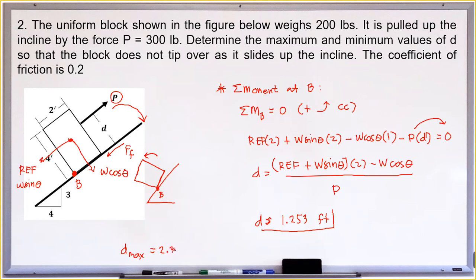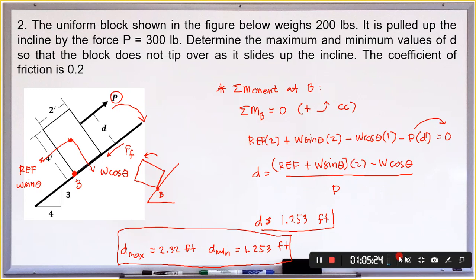So 2.32 feet and the minimum value for D is 1.253 feet. So, mao na siya ato ang final answers for the values of the distance D. So, any question? So, ako na ni-end, no?